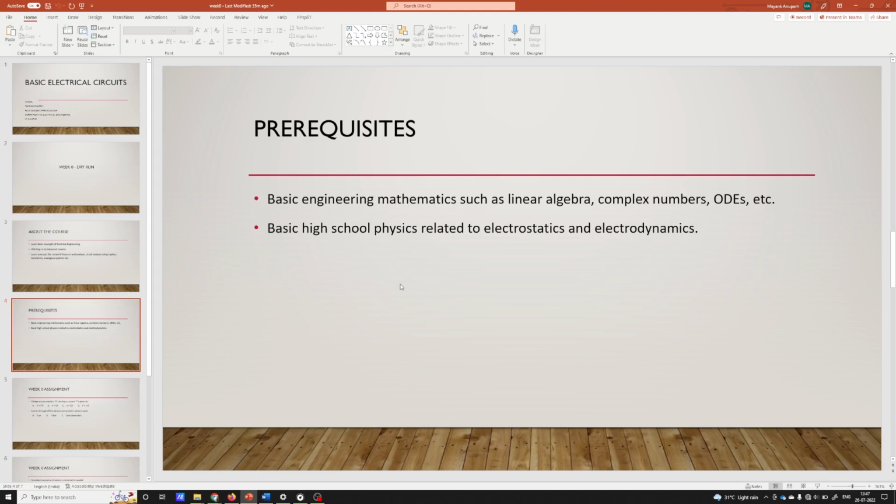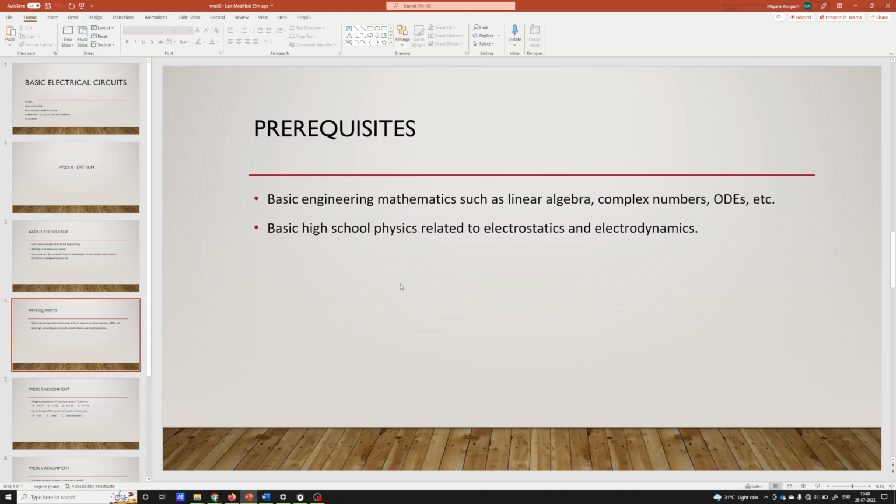Not very much, but still, in the week 0 assignment also, you must have seen that you were asked some questions regarding the conversion of a complex number from its normal form to polar form and all.